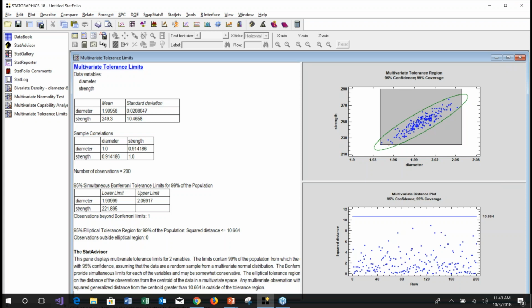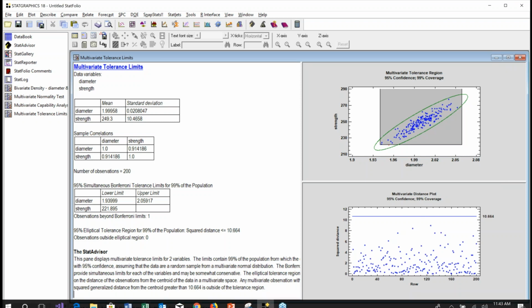It did take a couple moments to do those multivariate tolerance regions. It has to do a numerical integral in the space of diameter and strength, so there is actually quite a bit of calculation required.